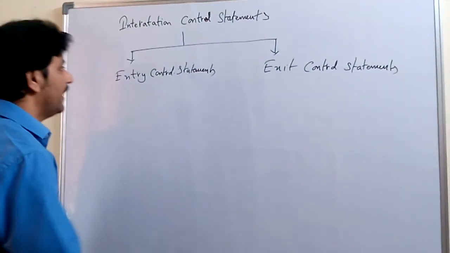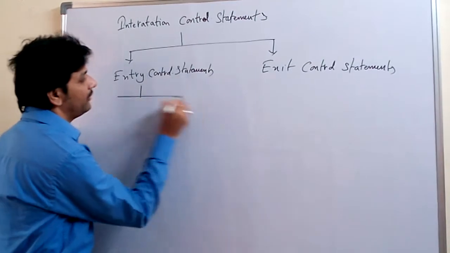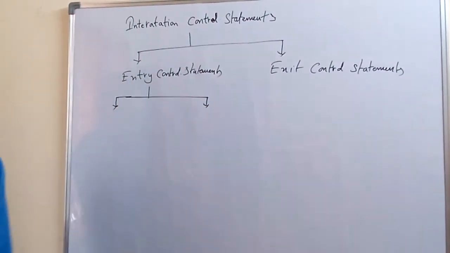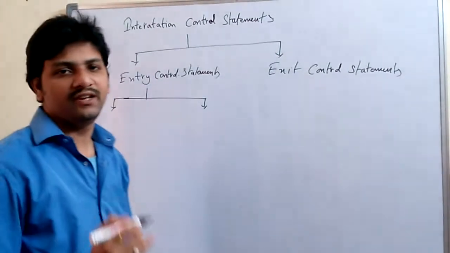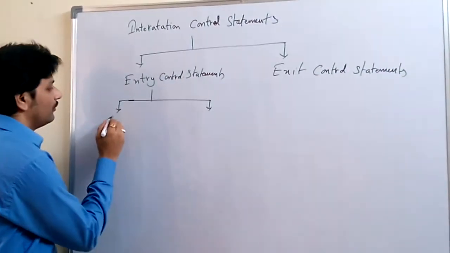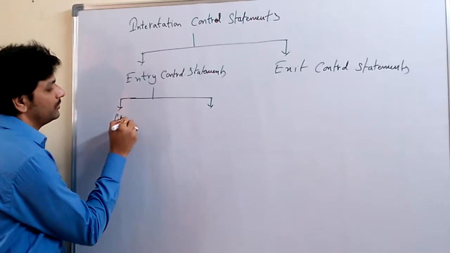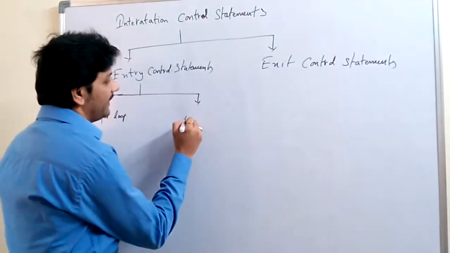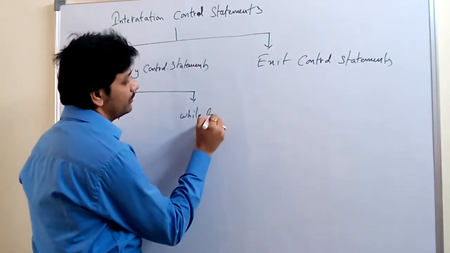In the entry control statements, we have two types of iterational control structures provided by C language. One is the for loop or for statement, as well as the while loop. There are two things.